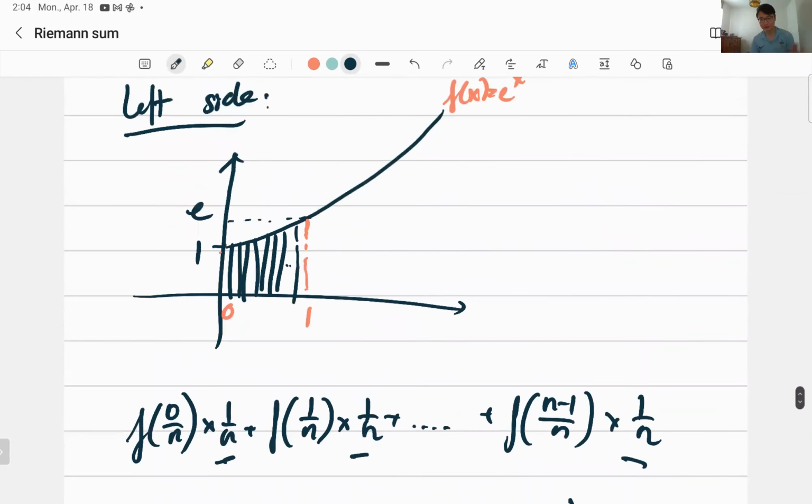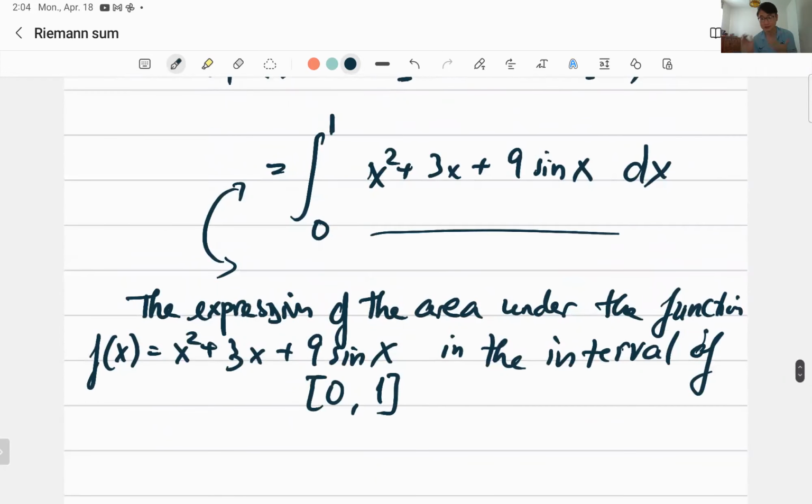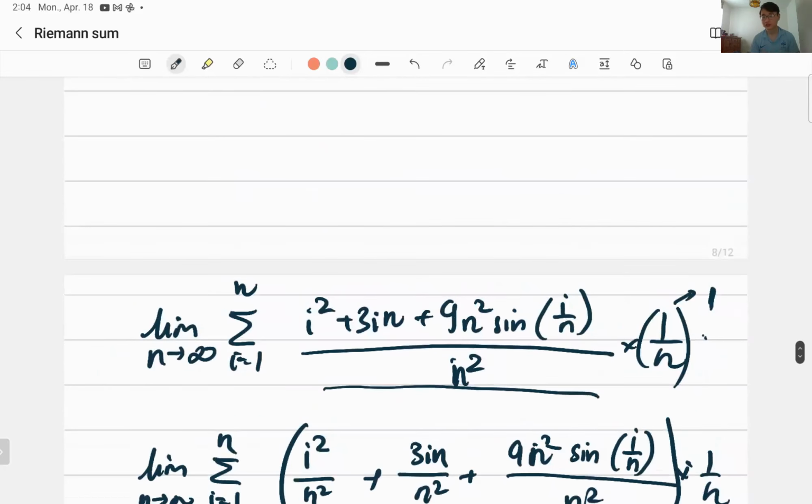The most important thing is converting a Riemann sum into this definite integral. Of course, in this video I don't touch a lot on definite integrals because we're not talking about the fundamental theorem of calculus yet. That's why we're not going to talk about definite integrals a lot. And for sure, the next video will be on definite integrals.